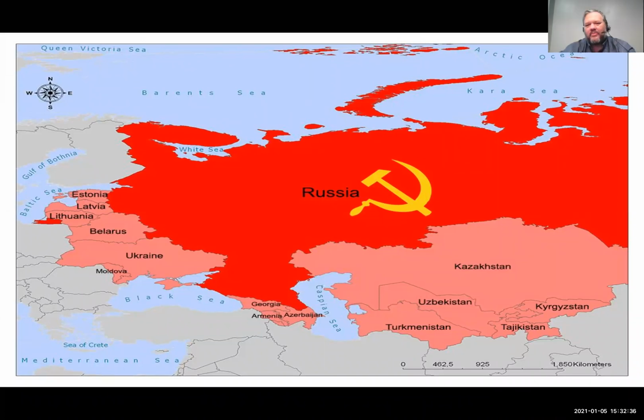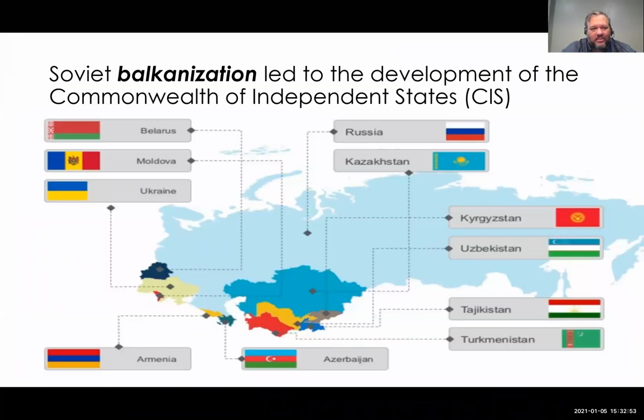The other example of devolution that I want to make sure you're good with is the Soviet Union. And so this was all of these countries that are in red or light shaded red. This was the Soviet Union. And in 1991, I believe it was, when the Soviet Union collapsed, you ended up with this called the Commonwealth of Independent States.